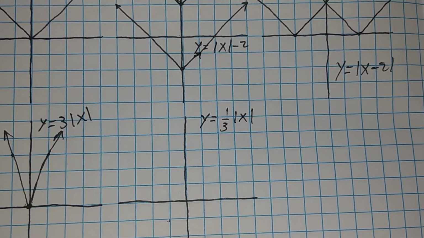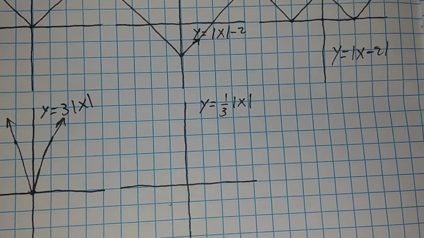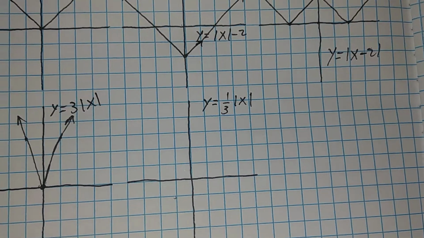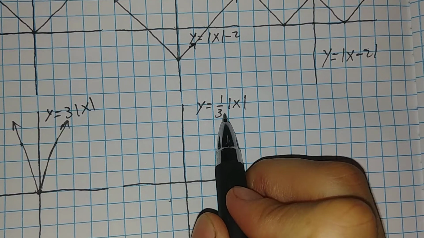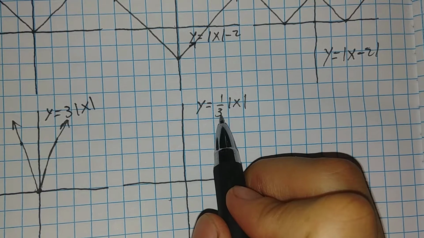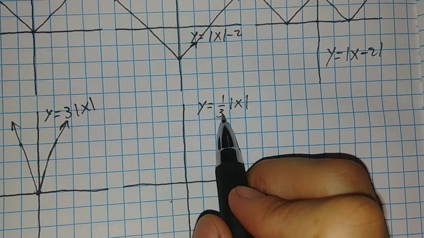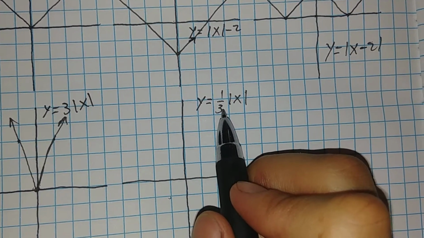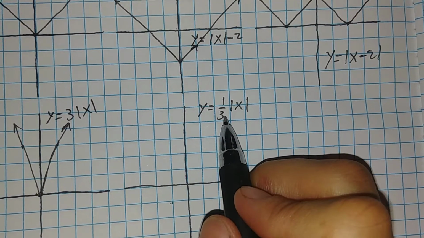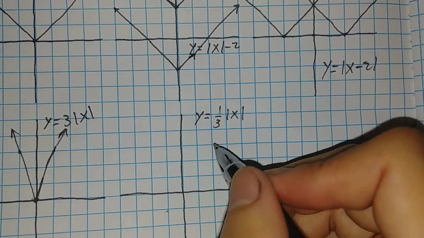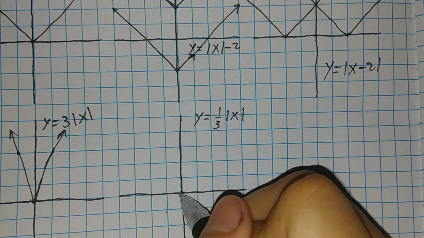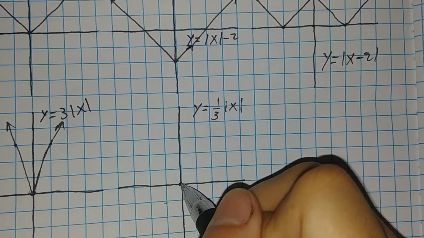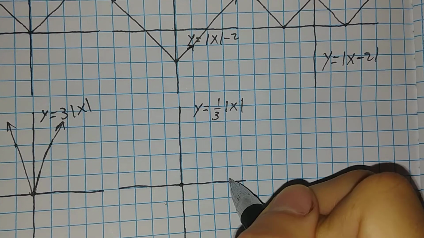Here we have y equals 1/3 the absolute value of x, and we know that this is A because it is being multiplied to the absolute value. And this is going to be a stretch because my A is less than 1. Let's see. I'll have my point here, and my slope will pretty much be 3 over and 1 up.